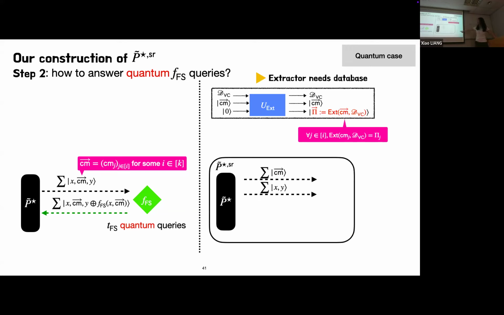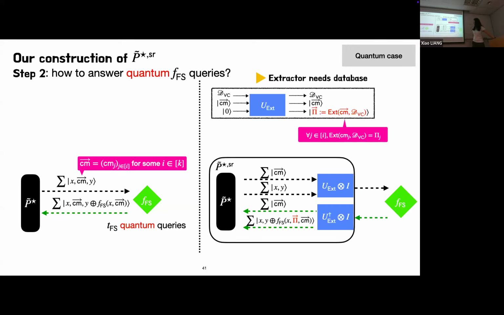So this is the classical extract algorithm, and we implement it coherently with the database register. Then the simulated prover simulates the BCS prover, runs U extract on its superpositional queries, and then queries the FS oracle with that. Then it uncomputes with U extract dagger. Here I'm also omitting the database register.